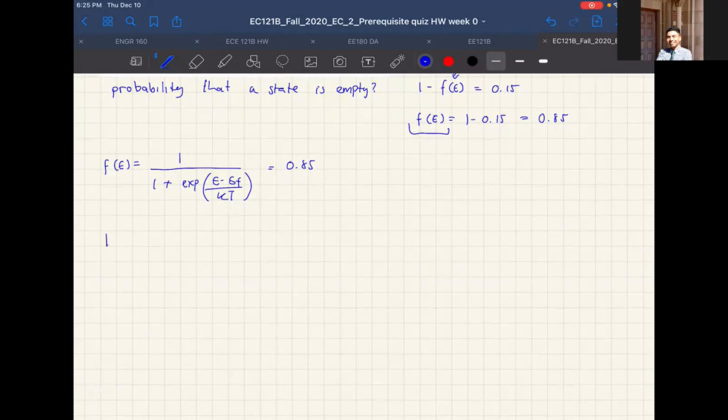So you would have... You're solving for E minus EF. So it will be 0.85 times 1 plus the exponent.